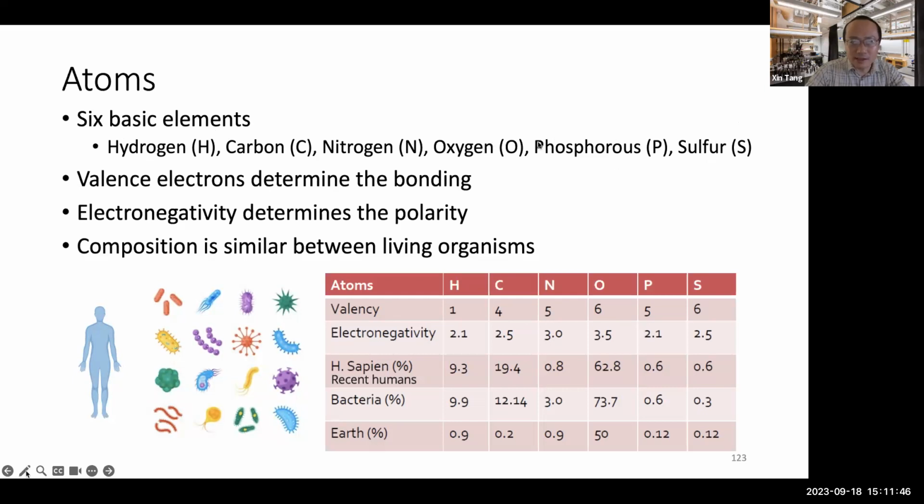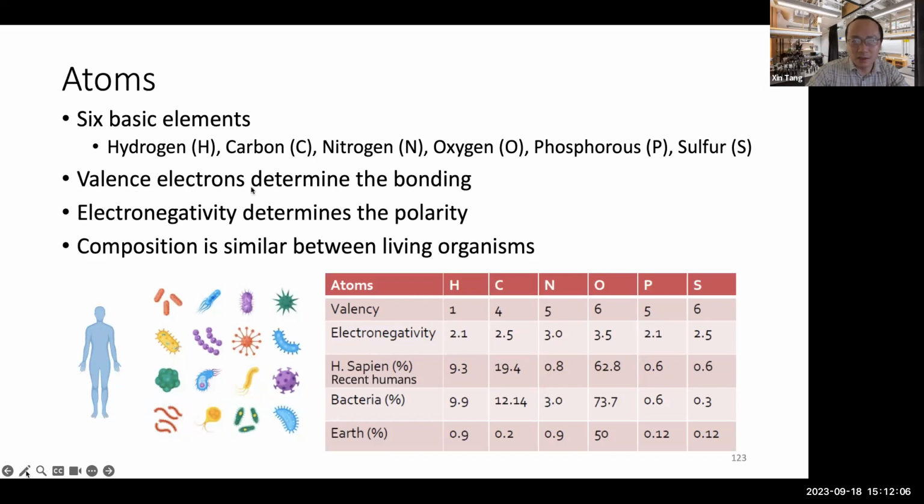And these 6 elements actually have different valency and different electronegativity. Okay, the valency means that if you remove the electron from those elements, they will contain positive charge, right? And that is called valency.